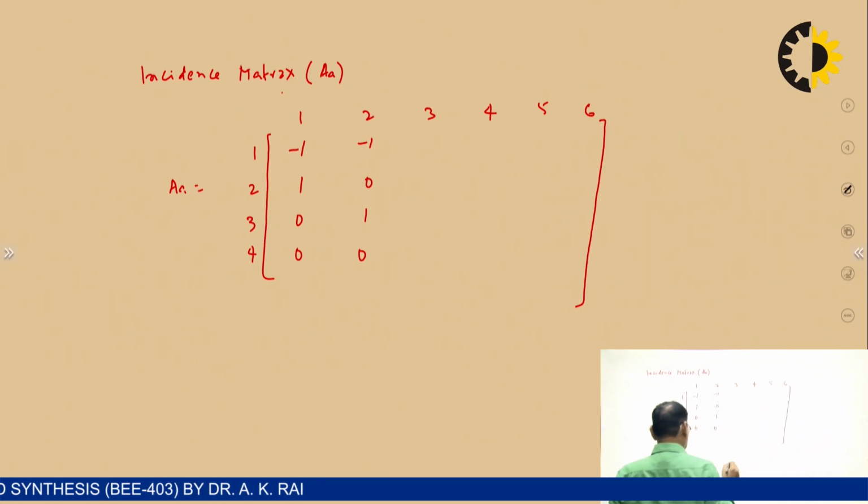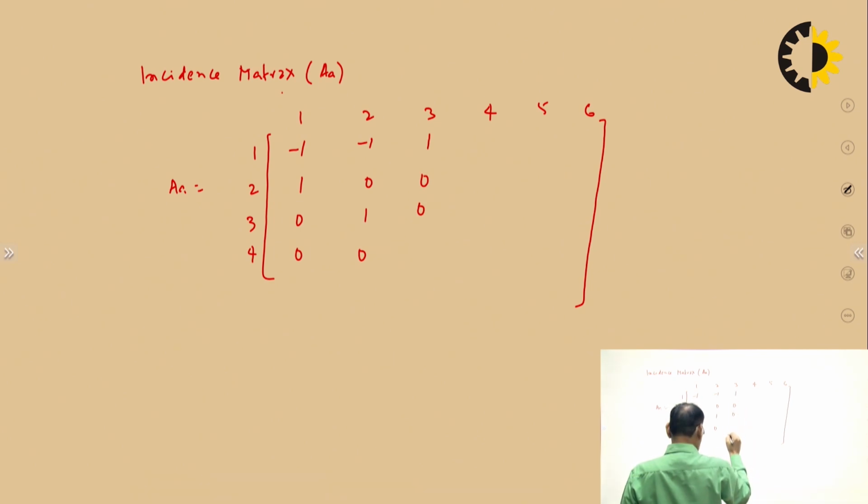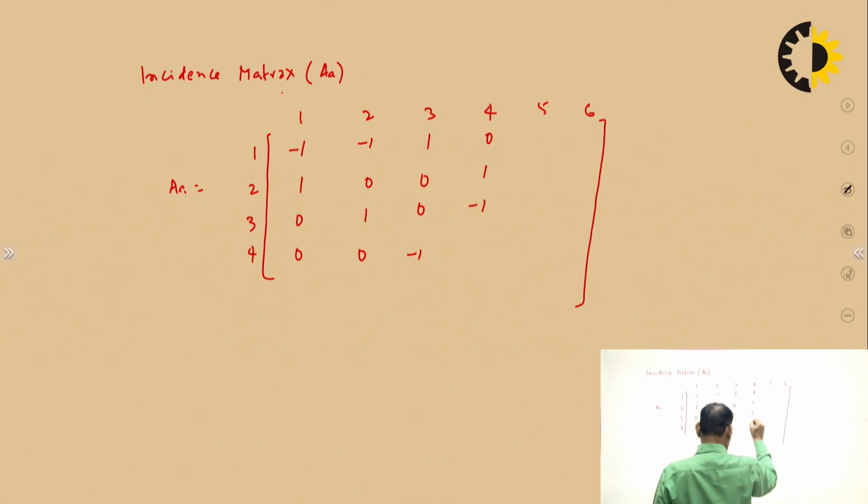So 1 to 4: 1 is 1, then 0, 0, and node 4 is -1. Come to branch number 4. It is away from node 2 and towards node 3. So node 1 is 0, then away from 2, so it is 1, towards 3, so it is -1, then 0.